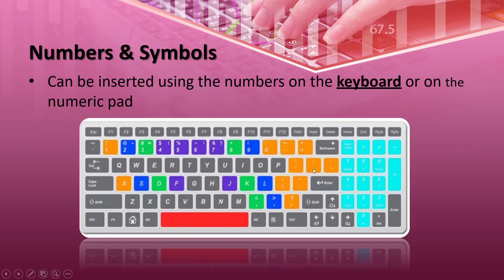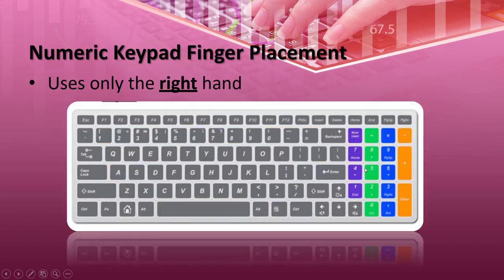Using the different keys, here we always use the right hand. See here, only the right hand is used, and the colors of the keys. Here the purple color means the index finger or first finger, and the green means the middle finger of the right hand, and the blue color indicates the ring finger of the right hand, and the yellow color is for which finger?